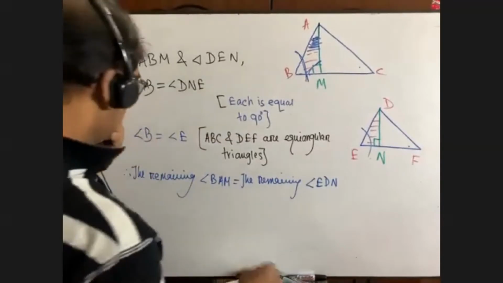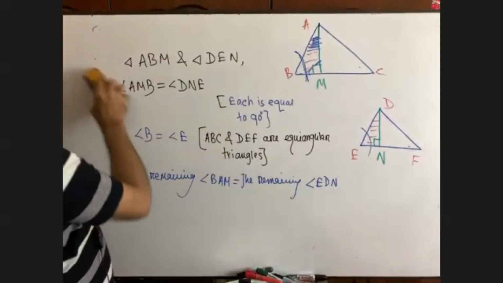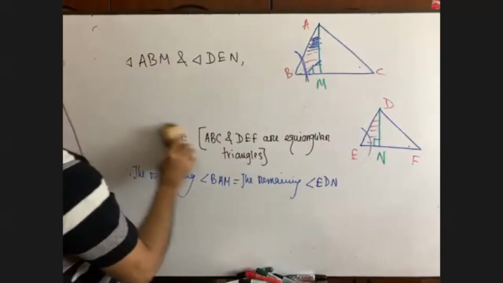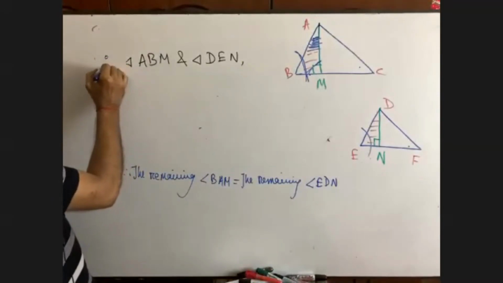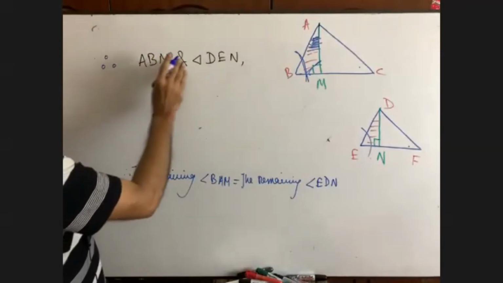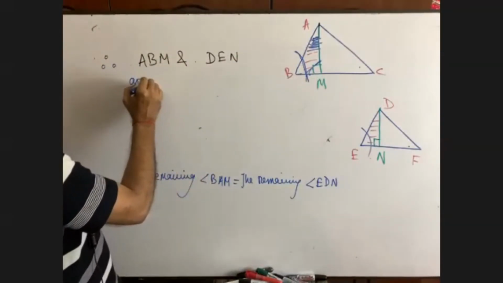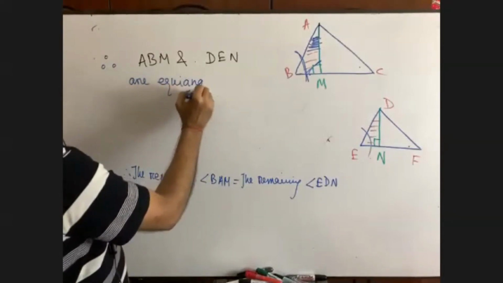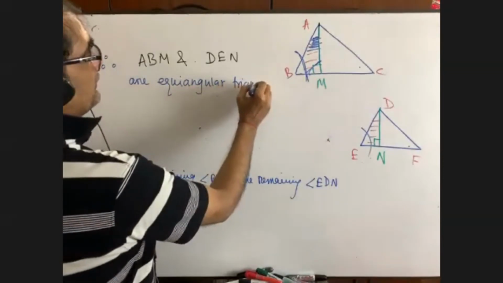So we can write down, therefore, ABM and DEN are equiangular triangles.